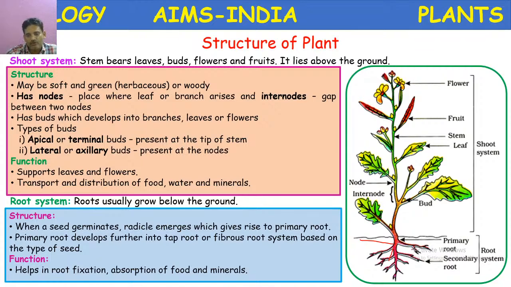Several hair-like structures grow because the main function of the root is to anchor the plant in the soil, or help in the fixation of the plant in the soil. It's a very, very important function. Another very important function of the root system is that it absorbs water and food materials and supplies them to the stem, from where they are supplied to all parts of the plant.